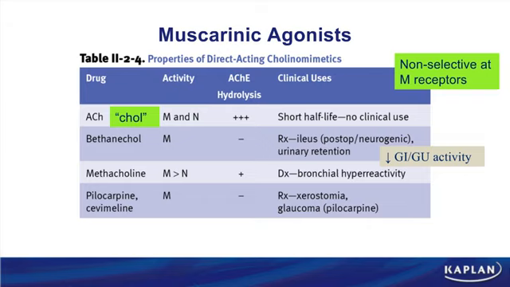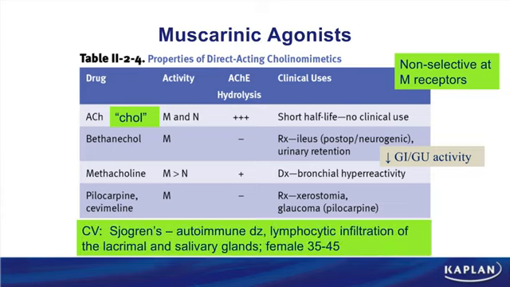Then we have the drugs pilocarpine and cevimeline. Both can be used for xerostomia, dry mouth, because these drugs can actually increase salivation. This shows up often on an exam in a patient with Sjogren's syndrome. It's an autoimmune disease. You get lymphocytic infiltration of the lacrimal and salivary glands, and oftentimes these are female patients in their late 30s, early 40s.